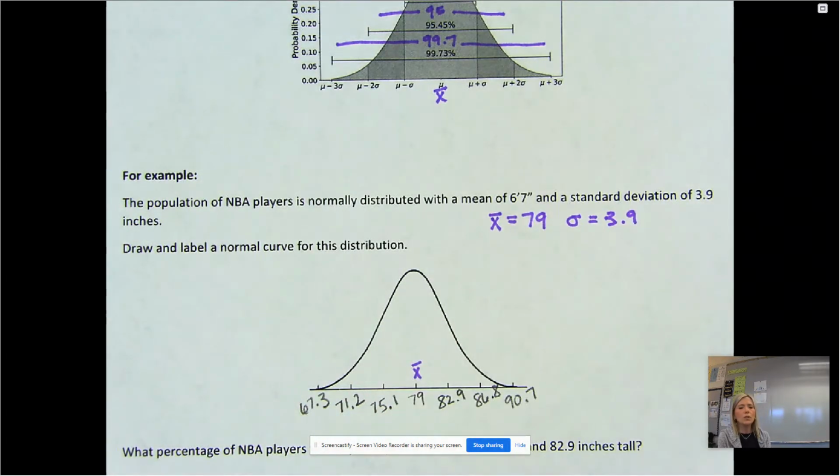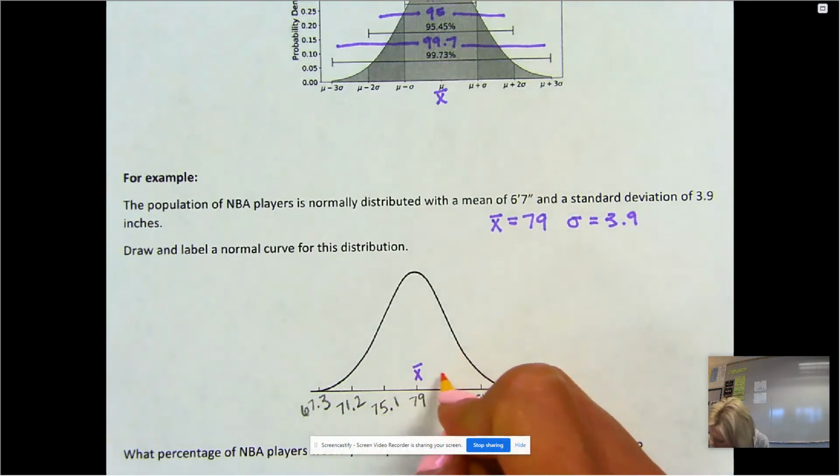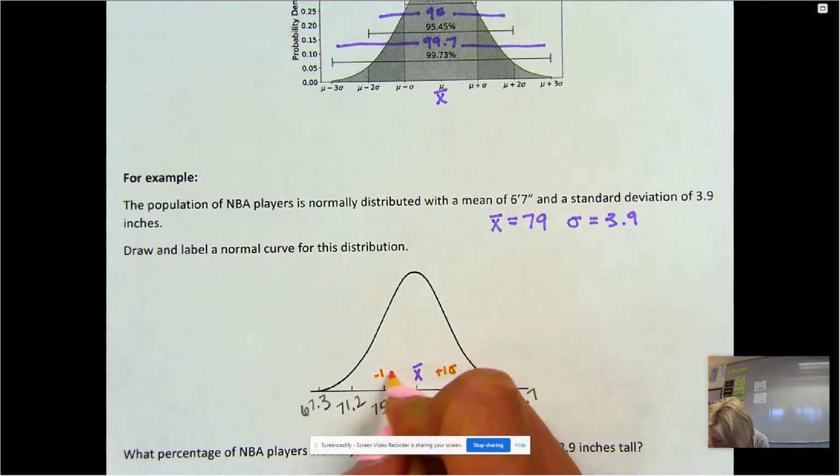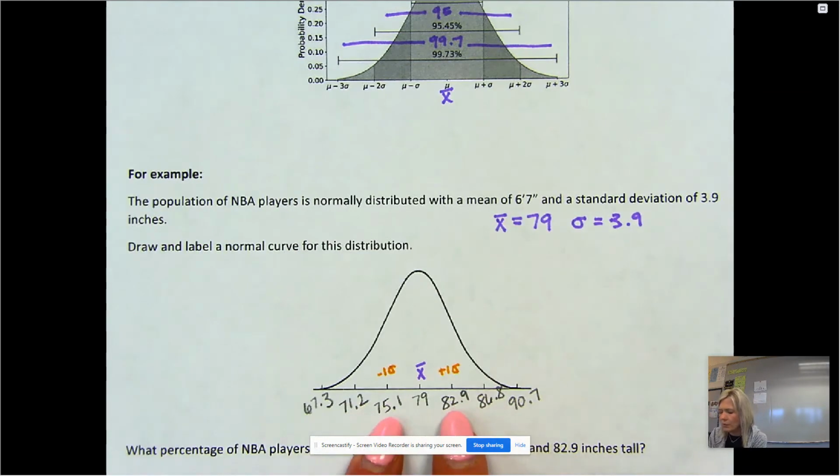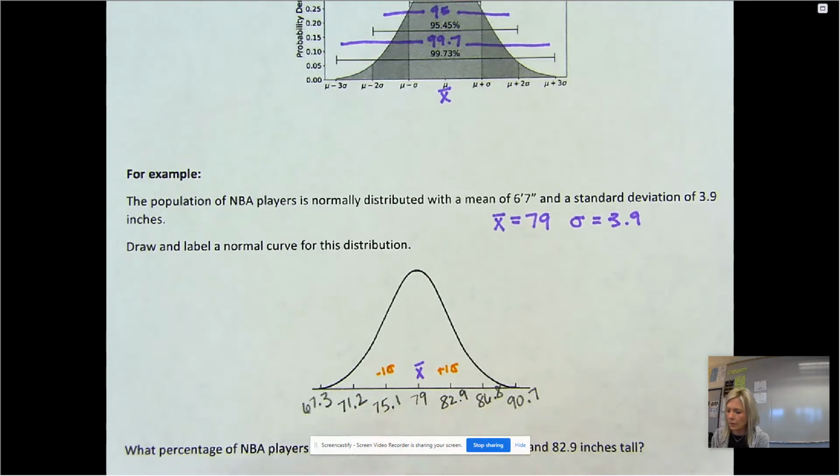Okay, so we know those values represent whole number standard deviations away from the mean. So this is at +1, and this is at -1 standard deviation. Okay, so within one standard deviation of the mean is from 75.1 to 82.9.